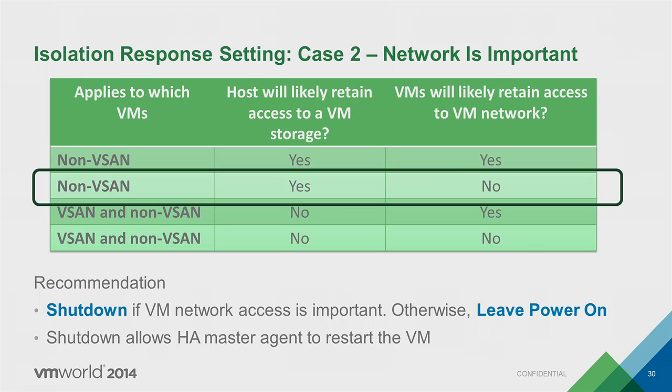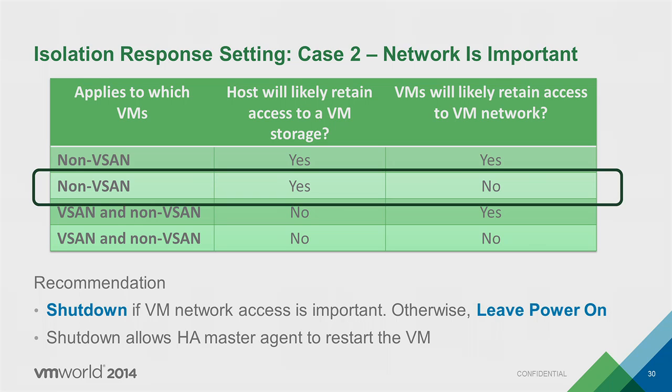Just a quick thing to throw in there. Sometimes when I've been sitting where you are and gone through this slide, I had the question of how would you tell you're in one of those scenarios? For this scenario, a quick example would be if you had Fibre Channel storage and a regular network. Let's say your network goes down, so your host is going to retain access to storage, but it's not going to retain access to the VM network.